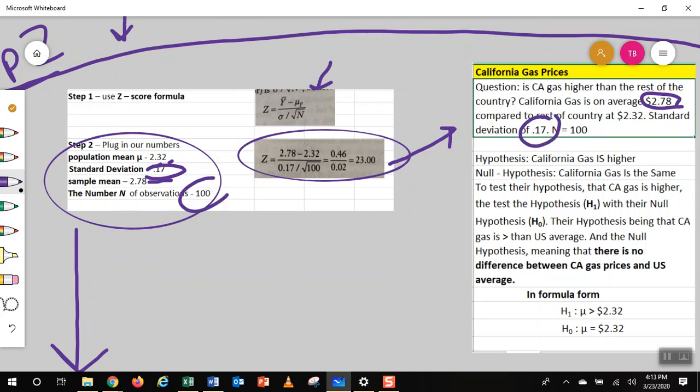The number of observations is 100. That's the number of gas stations that were asked. And the average mean was $2.32, which is right over here. So if you just look over here, you can see these are all plugged into the formula. And you can see here that the y is the sample and the z-score. So I plugged in the 2.78 there.